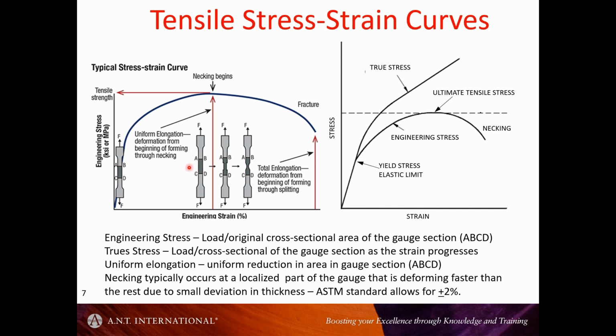One can deduce the strain from the length of the gauge section, and from that deduce how the stress intensifies as we elongate the specimen. And this is the value called the true stress. So the true stress in the material can be calculated up to this point.